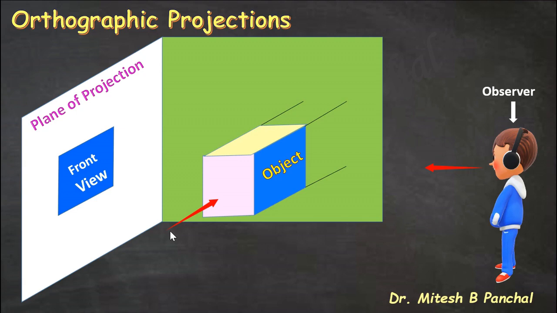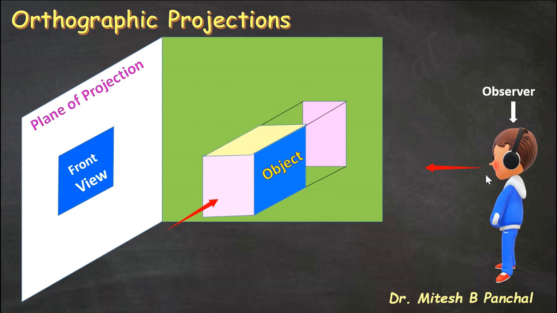So when you are viewing the object from this particular direction, this pink rectangular face of the object is visible. The projection obtained when the viewing direction is this one, as shown over here, is the projection of this particular face.